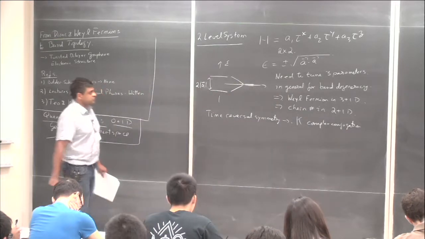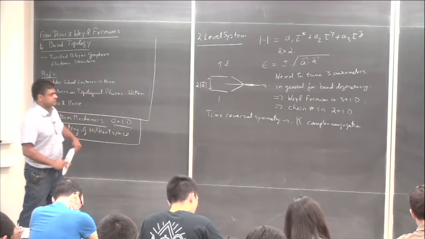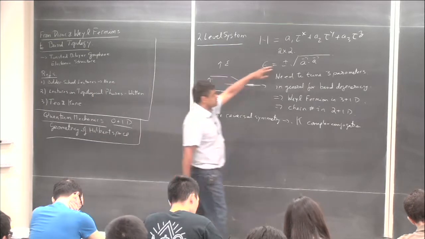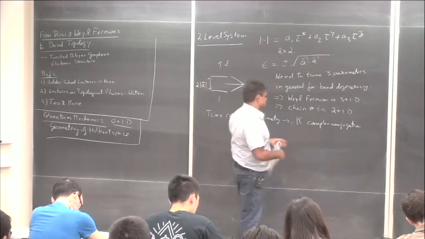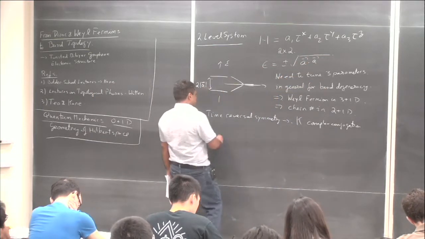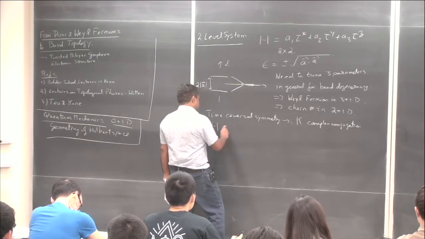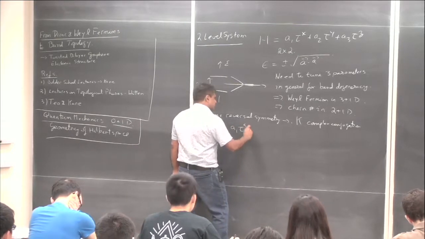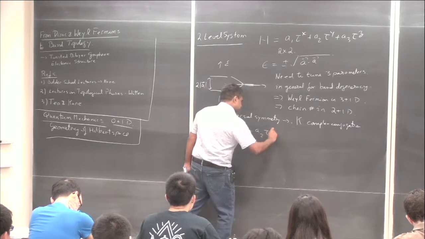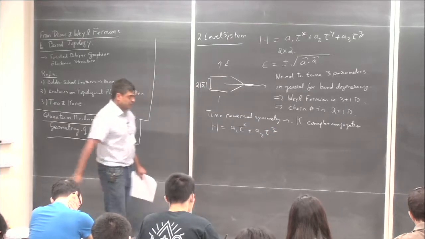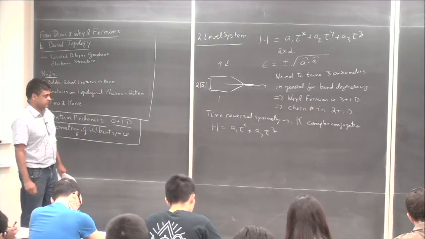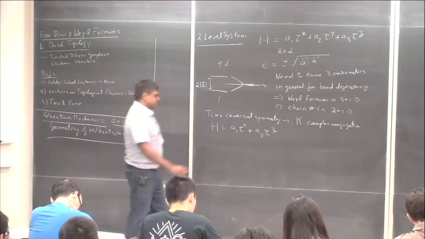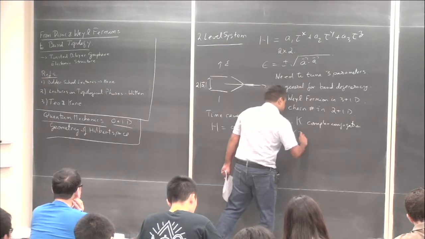So then, of course, you're not allowed all of these Pauli matrices, and the usual way of writing tau y is imaginary. So the ones that you are allowed are the x and z. So now you just have two parameters. Okay, and you can get a band degeneracy. You can get a degeneracy of these levels by just tuning two parameters.